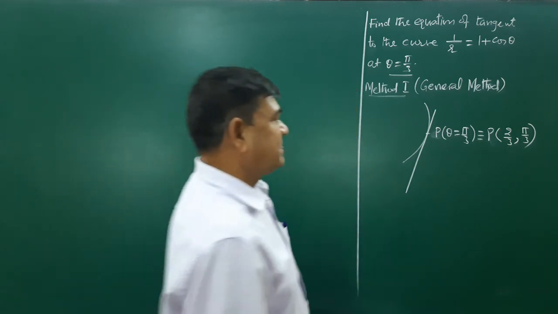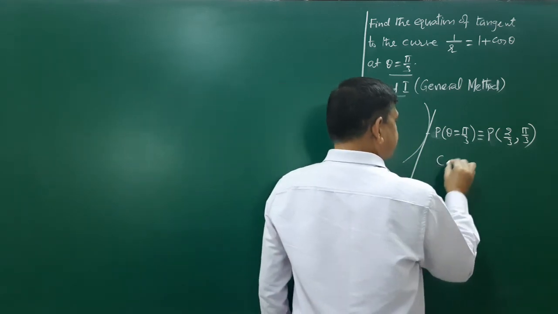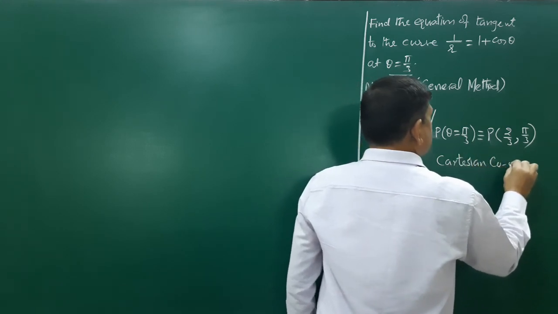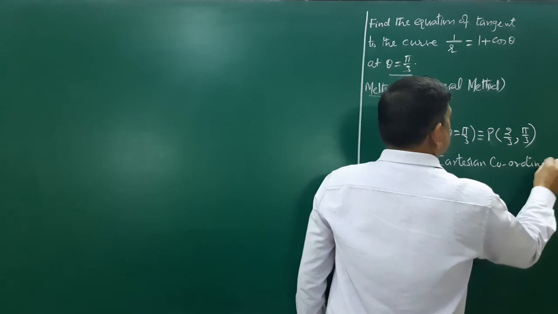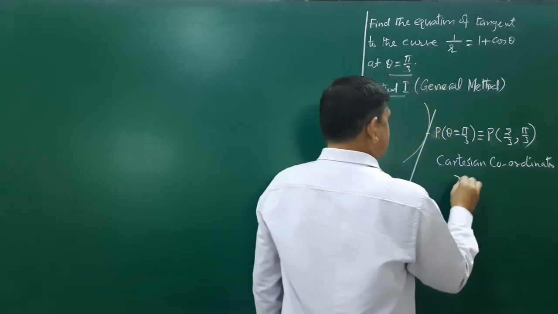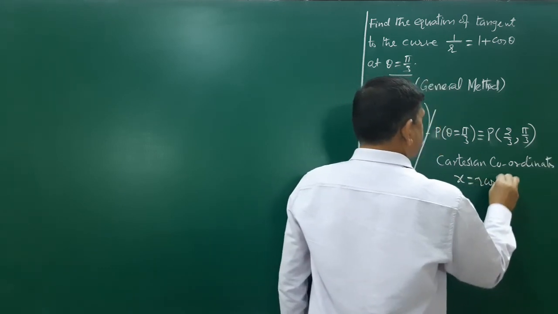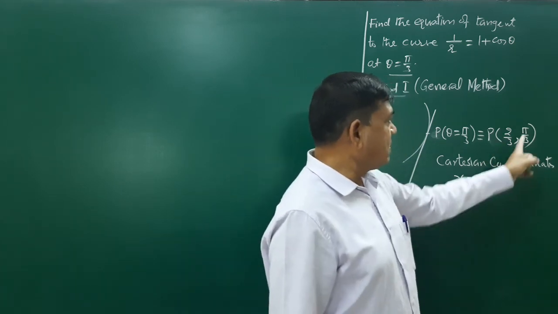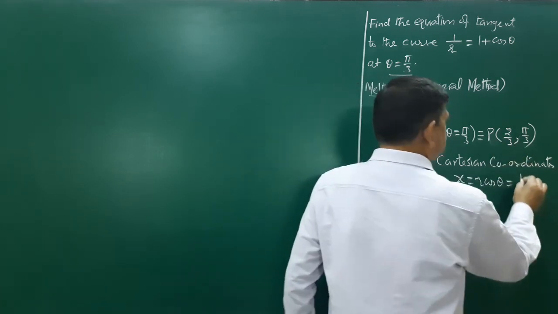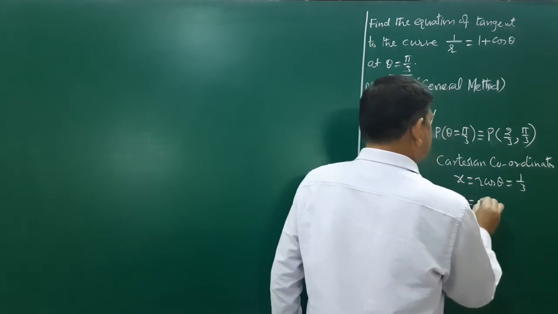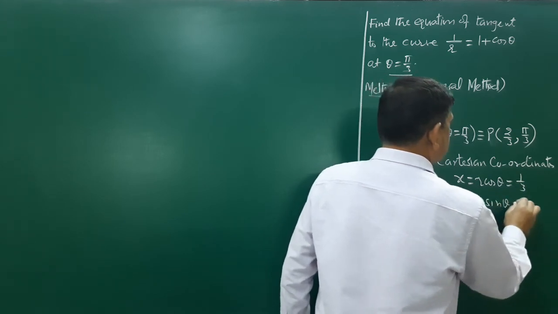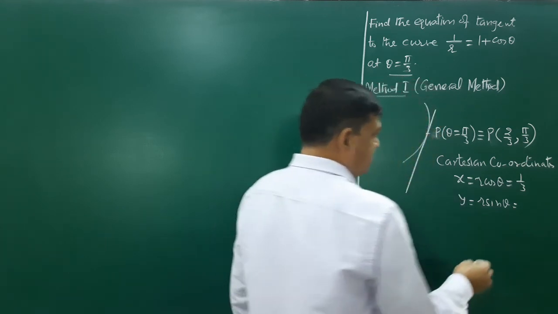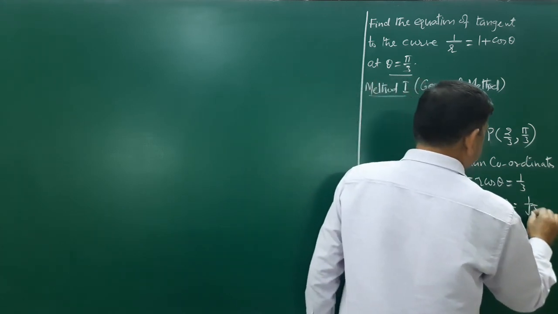You have to remember this. Cartesian coordinates. x equals r cos theta. What is r? 2 by 3, and cos is 1 by 2, so it is 1 by 3. And y equals r sin theta, 2 by 3, then it is root 3 by 2, so it is root 3 by 3.